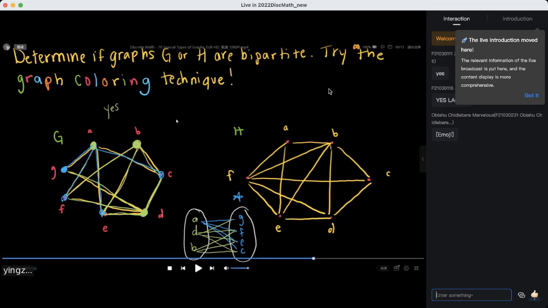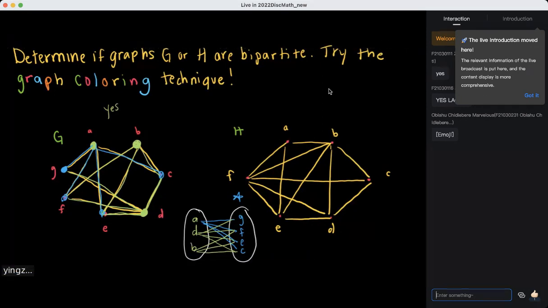Now, if you just want to determine whether or not your graph is a bipartite graph, that means we can easily give the sets. For example, we have mentioned the top, G, A, B, C, and the bottom, F, E, D. This is no problem.